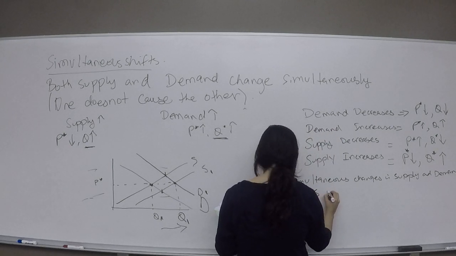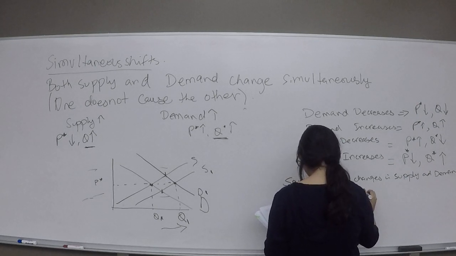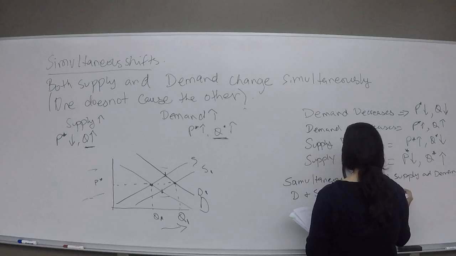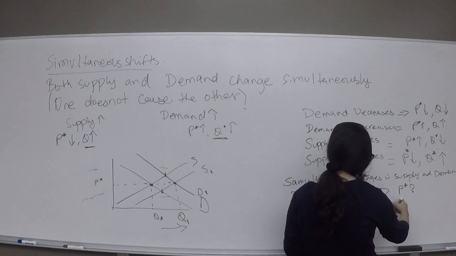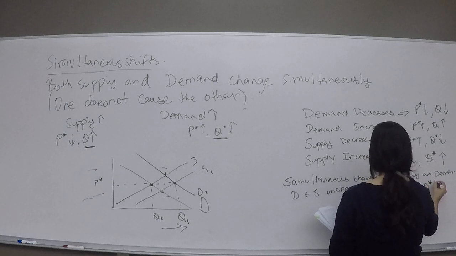When supply and demand increase, price could go up, down, or stay the same, but quantity would definitely go up.